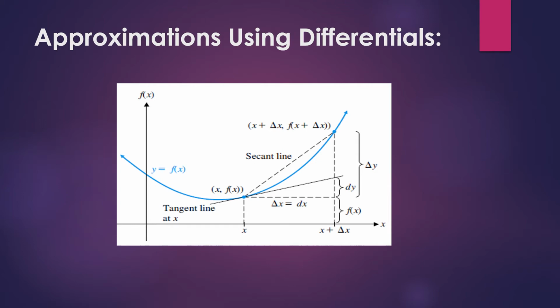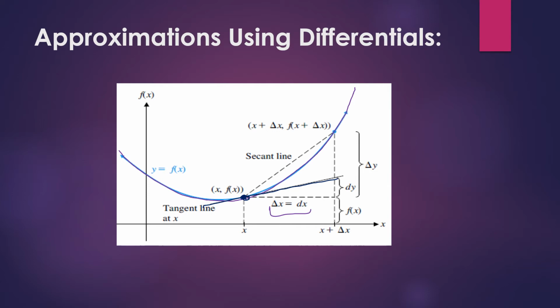If we're taking a look at this function, y equals f of x, and we have a point where I'm going to draw a tangent line. This tangent line and this curve are very close when our delta x is very small.